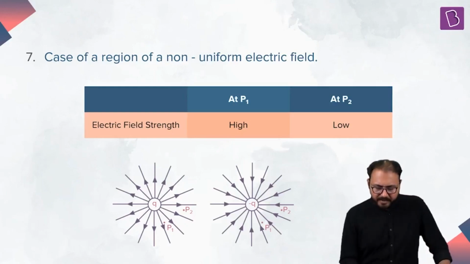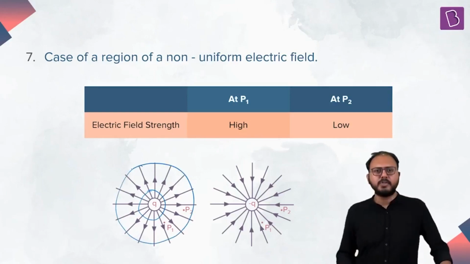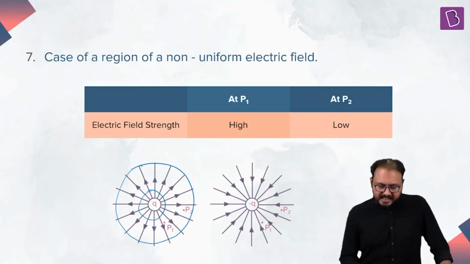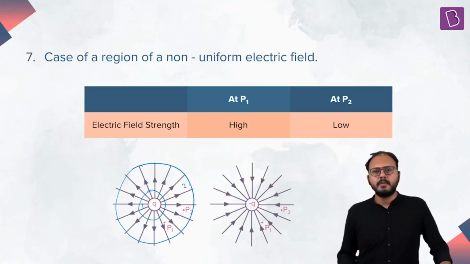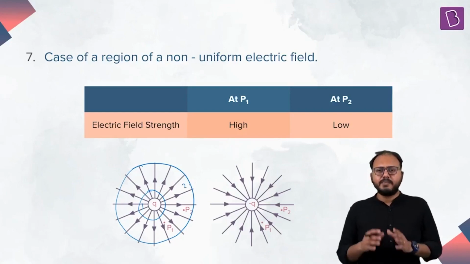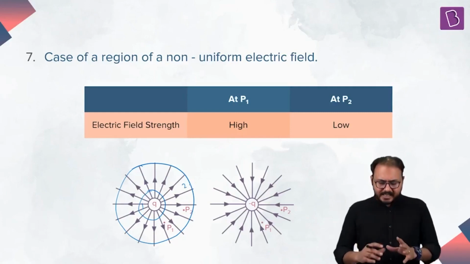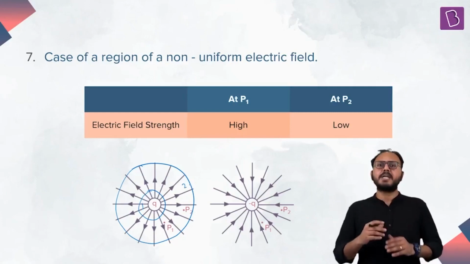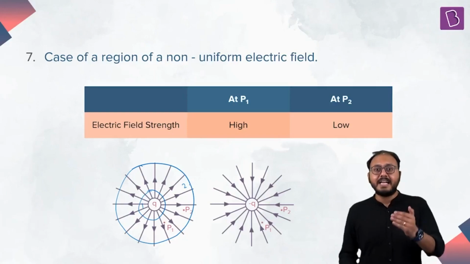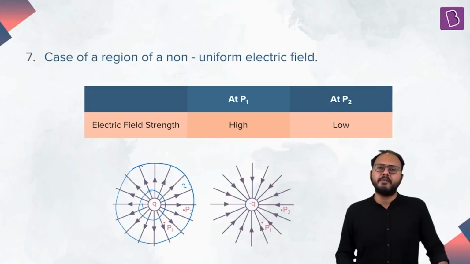For example, if I draw 2 concentric circles for charge Q, can you see the space between 2 consecutive lines is less in circle 1 and higher in circle 2? This increase of space is actually signifying a decrease in the value of electric field.